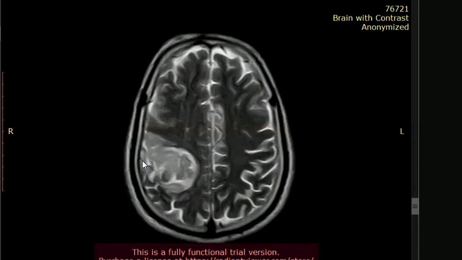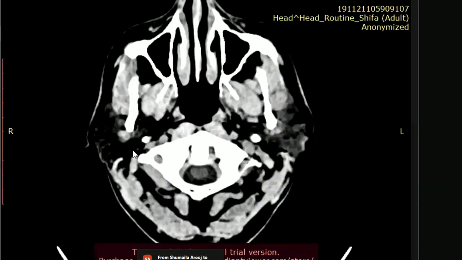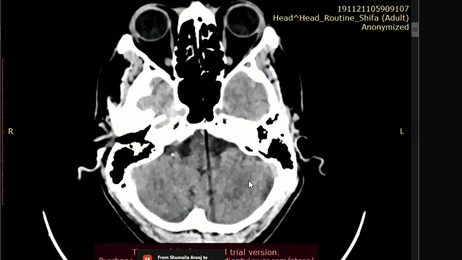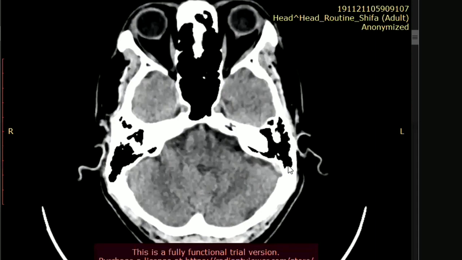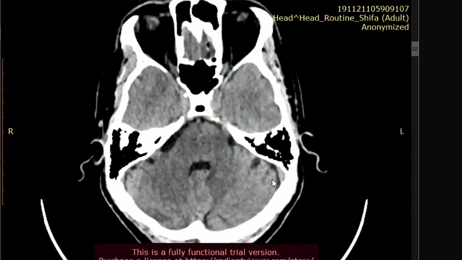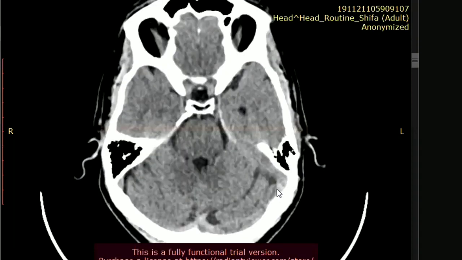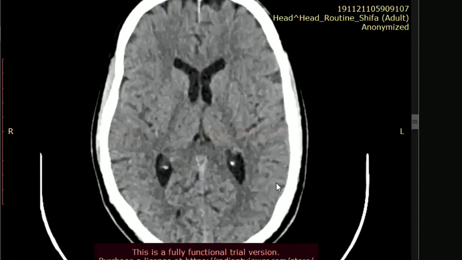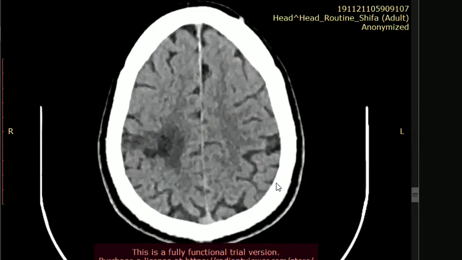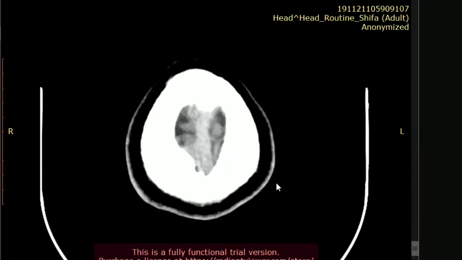But you will always look at the sinuses, and in the exam they will show you dedicated images through that area, and you will always look at the dural sinuses. The left one was definitely more dense and larger because of the clot, and the superior sagittal sinus was also dense.